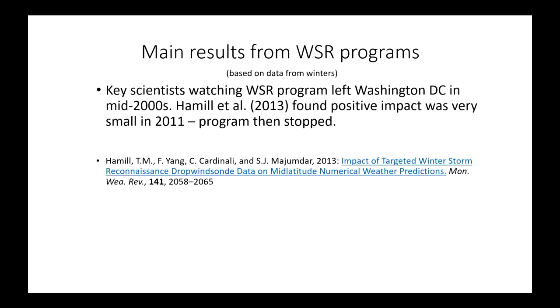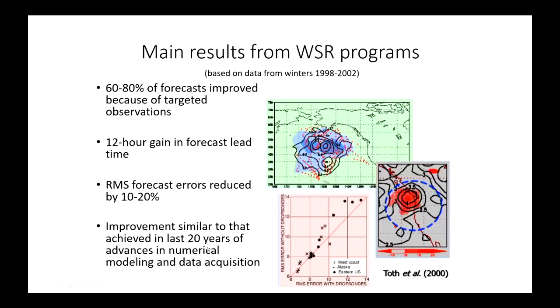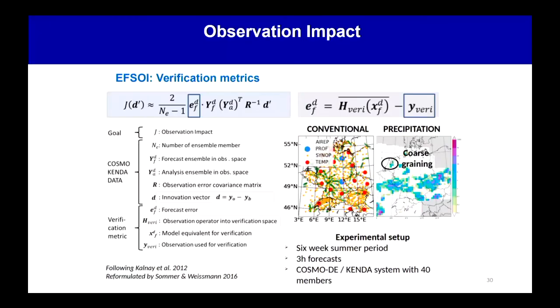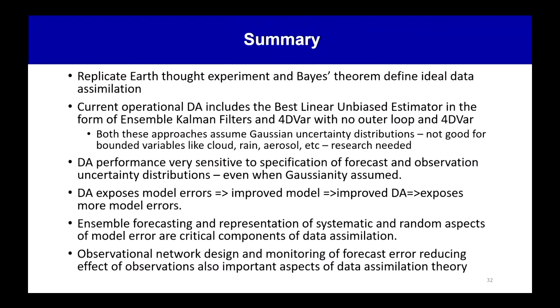But with the satellite data set, we're not quite sure why, but anyway, this improvement went away after 2011, which I guess proves that wrong, actually. It was only 10 years. Because we got a lot better at assimilating satellite data, and the value of these extra observations went down. I won't talk about that.